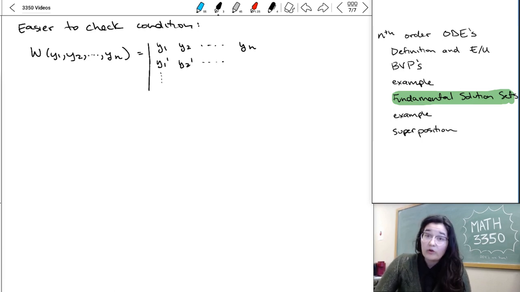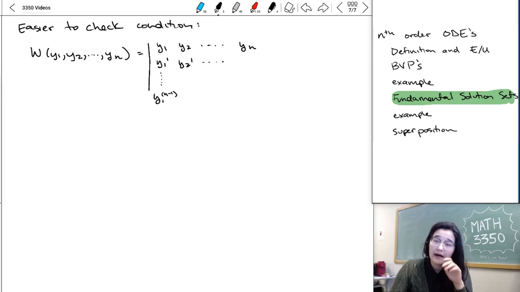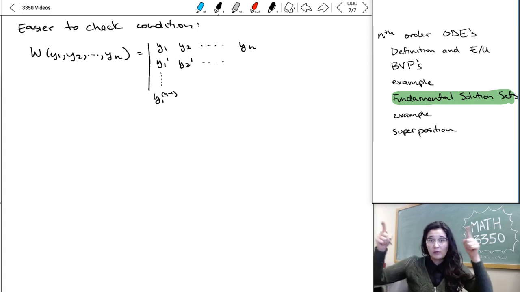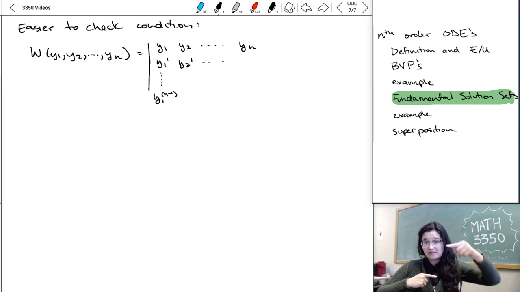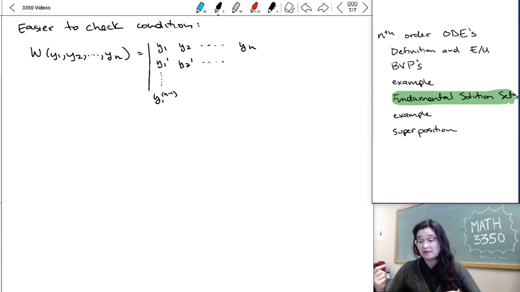And then you're going to go all the way down until you reach the n minus 1th derivative for n functions. So this ends up being a square. However wide it is, it has to be that tall, and you just take increasing derivatives until you have a square.